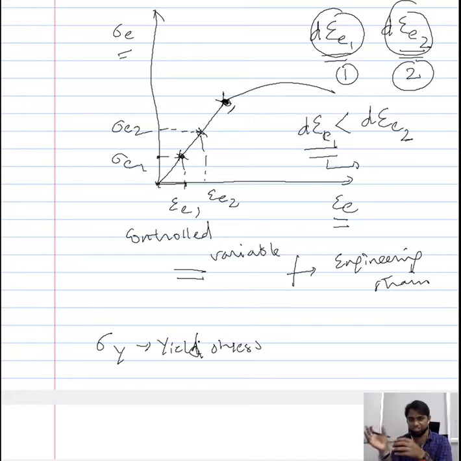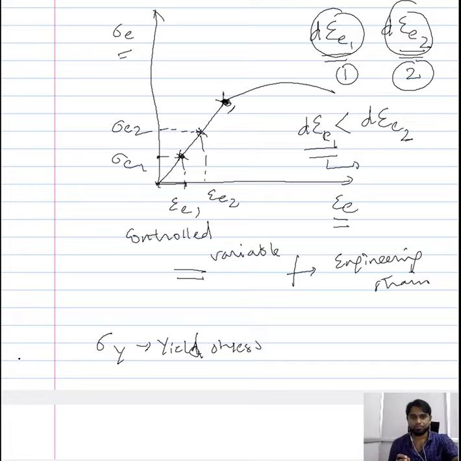Whatever change happens to the material beyond this point is irreversible in nature; there is a permanent damage done to the material. Now this yield point or yield stress is calculated by considering a definite value of strain.